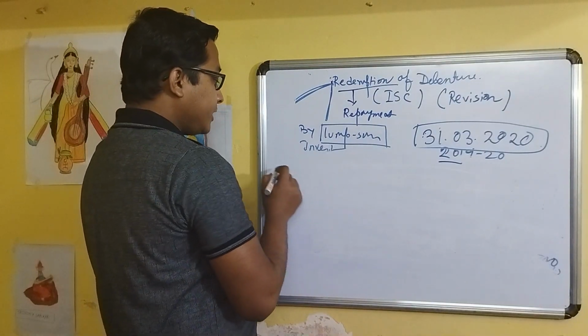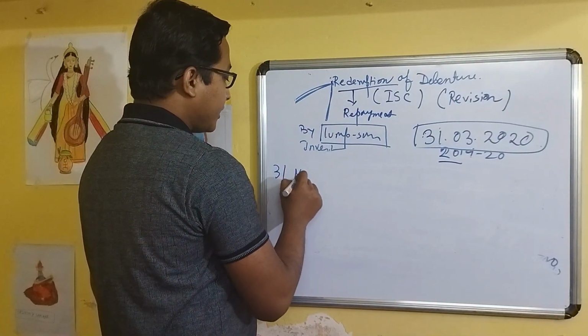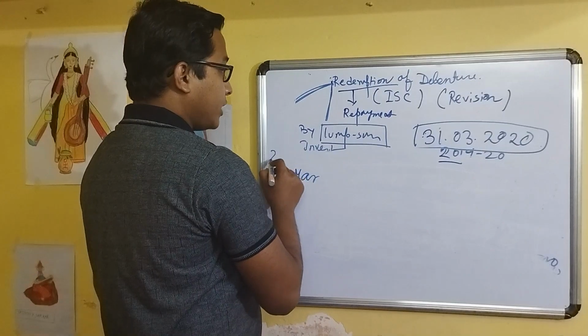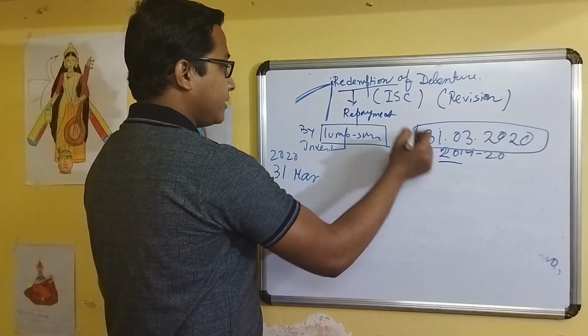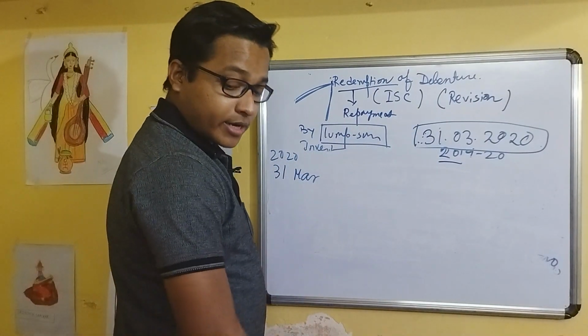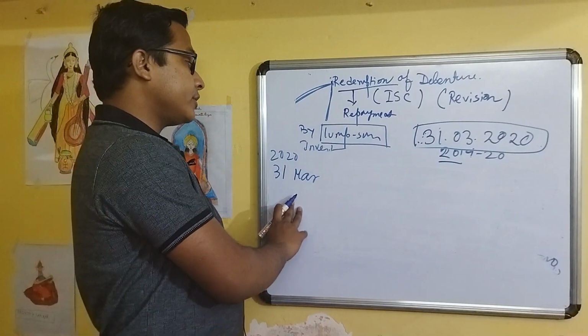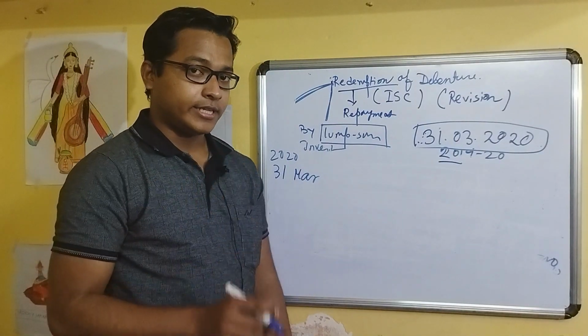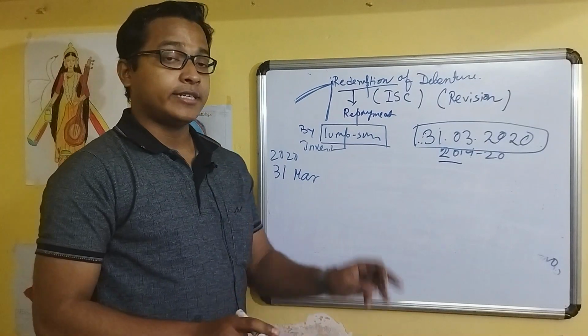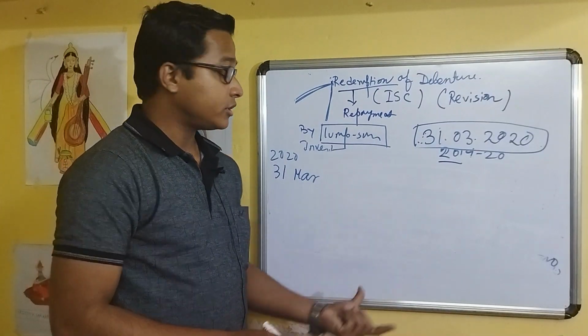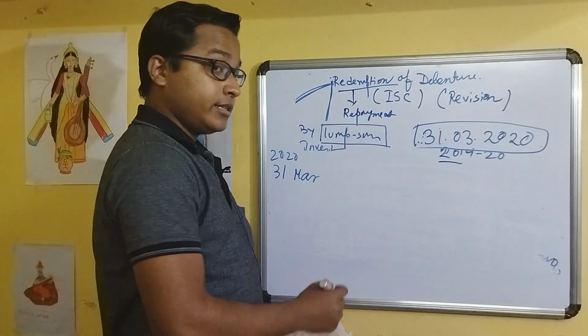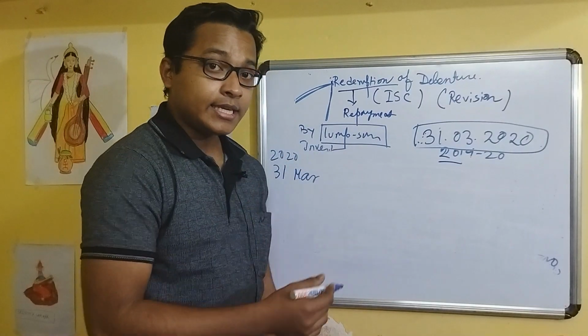So on 31st March 2020, from our previous example, on the date of redemption, the first journal entry is reselling or maturing the investment.